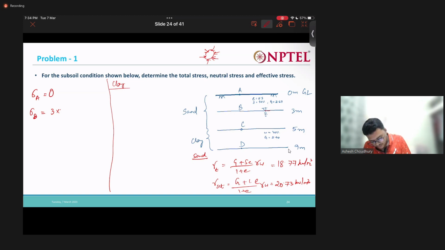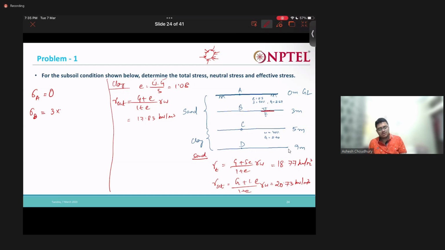So for the clay, my water content is given, so w I know, G I know, S will be equal to 1 because it's totally underwater, so saturated.